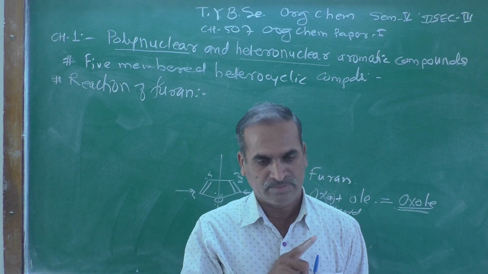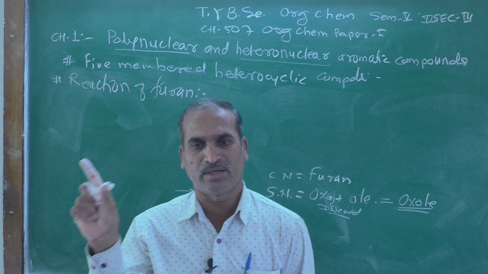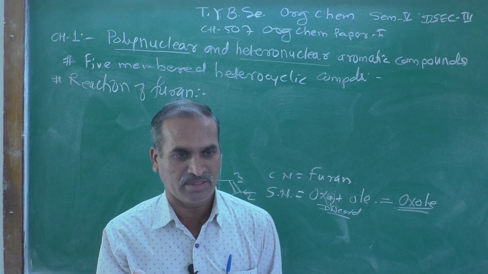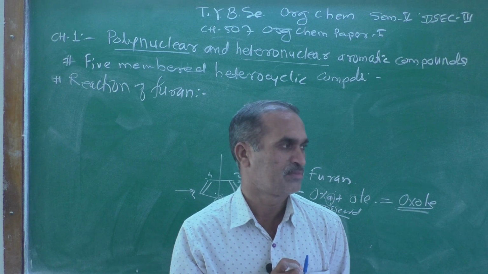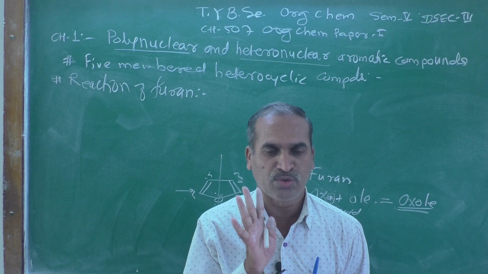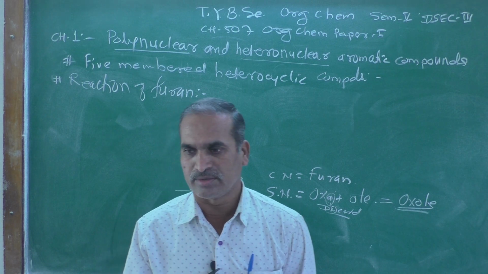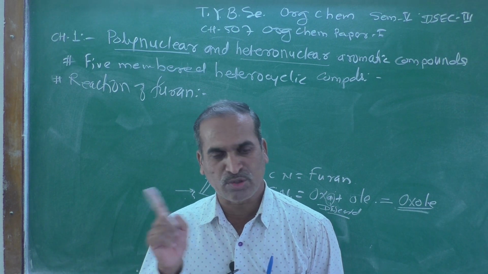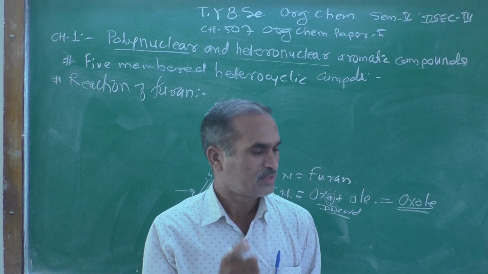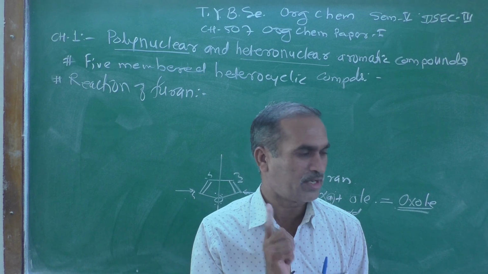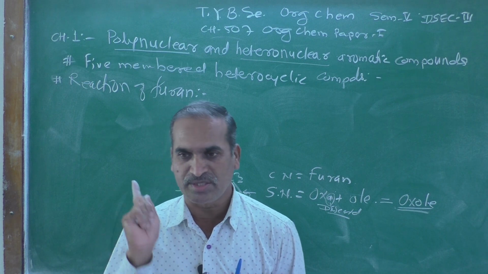But here the simple aromatic compound is benzene. When benzene undergoes electrophilic substitution reaction, there are 6 hydrogen atoms, all the hydrogen atoms are identical. So the resulting compound we are getting is a monosubstituted benzene.